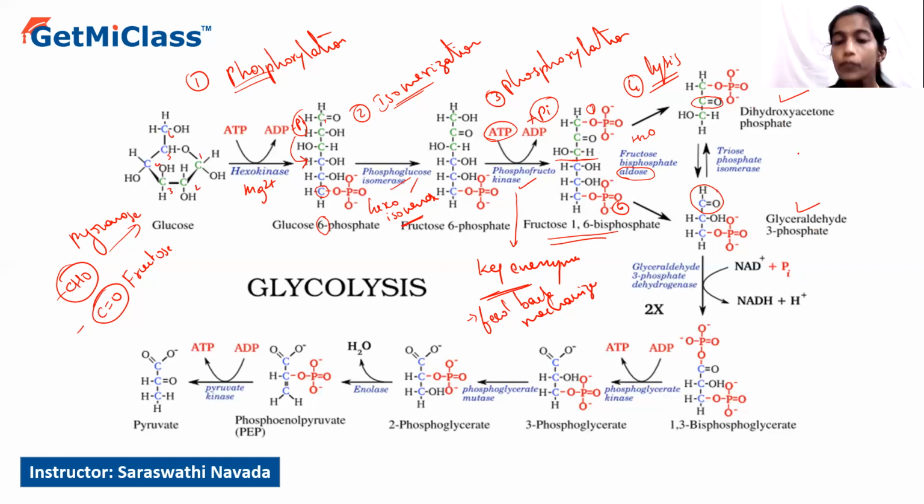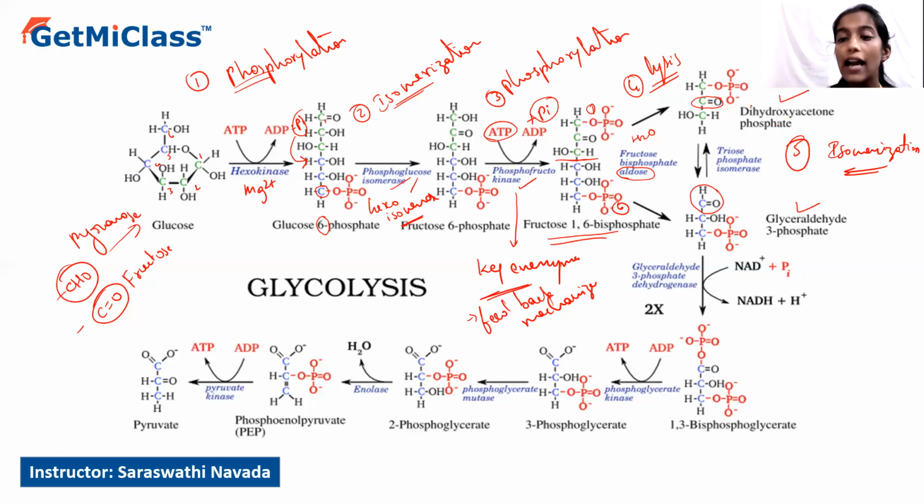So as a result, the fifth step is again isomerization. So why is this step happening here? Because there is no enzyme that can further utilize the dihydroxyacetone phosphate in our body.